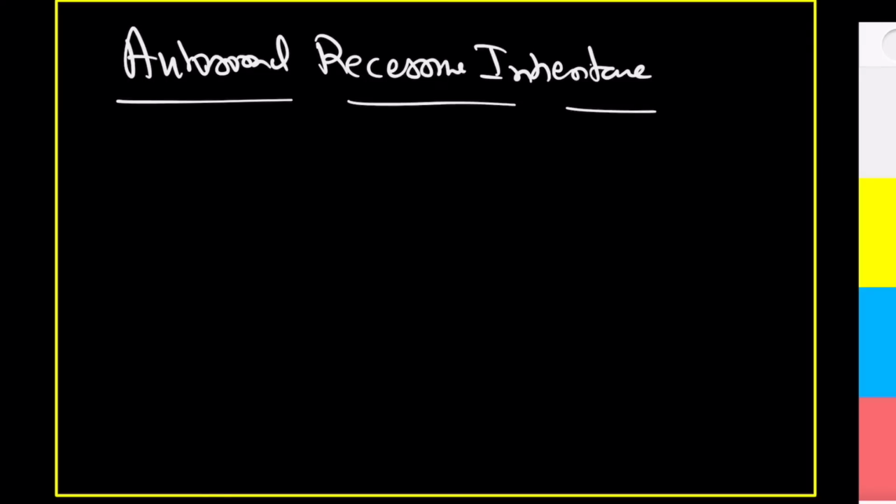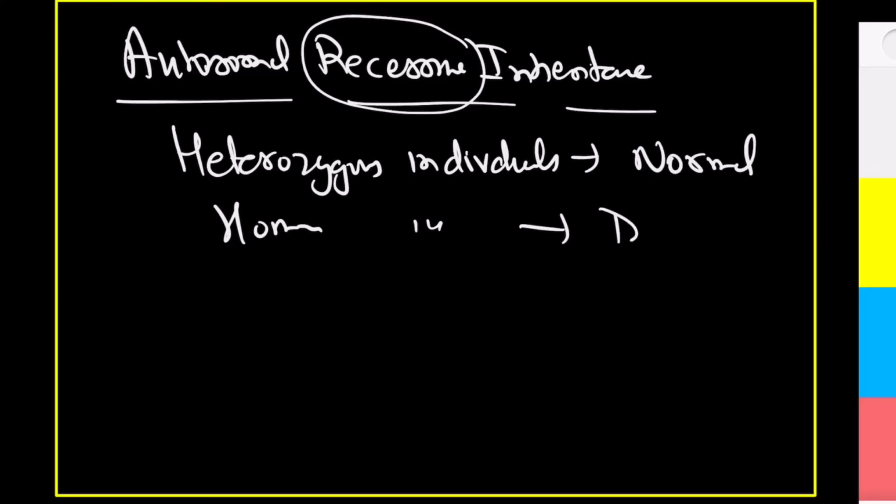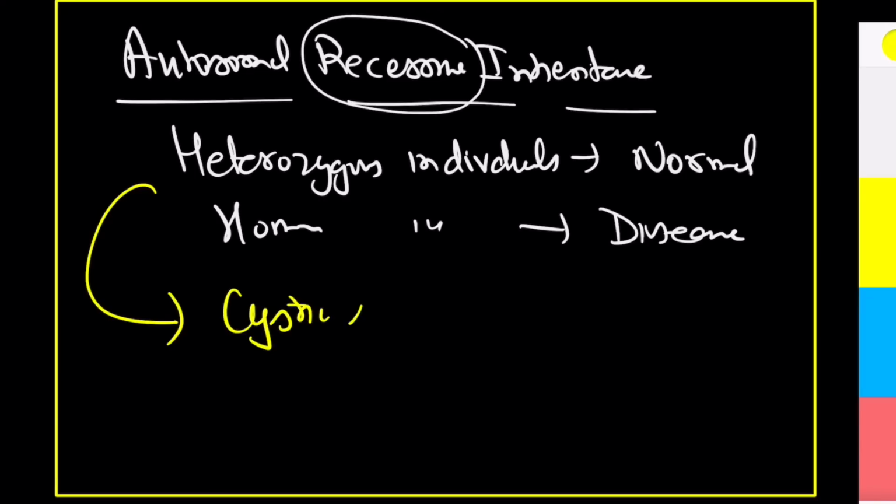Now, in the case of autosomal recessive inheritance, keep in mind that the heterozygous individuals are normal, while the homozygous individuals carrying the recessive allele are going to suffer from the disease. And here I just want to tell you the best example. Some examples are like cystic fibrosis.